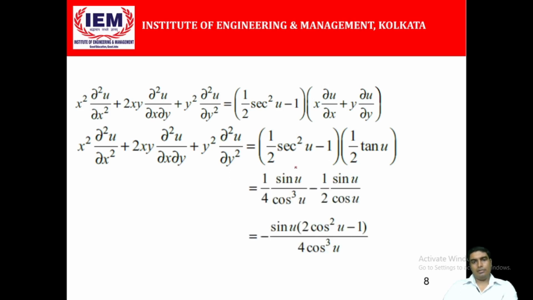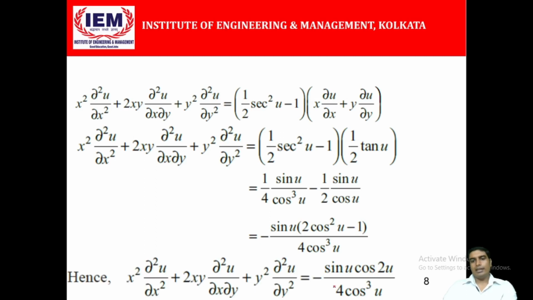After that I can do a little bit of calculation: sec square u multiplied with this one will give 1 by 4, and sec square is 1 by cos square u, and sin u is sin u cos u, so sin u over cos cube u minus sin u cos u, that is tan u. After simplification I'll get the required result, that is negative of sin u cos u over 4 cos cube u, hence the second result is proved.